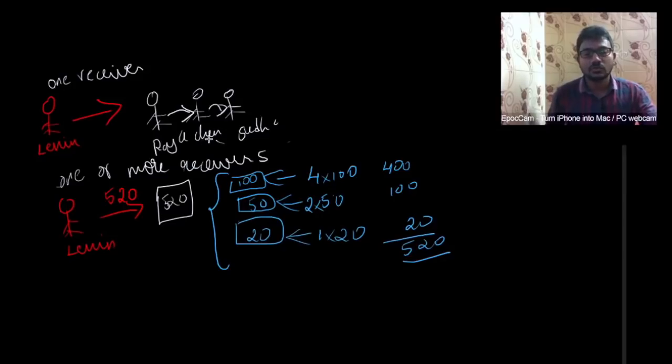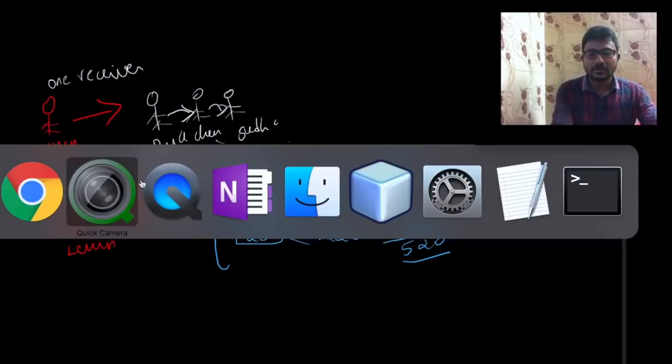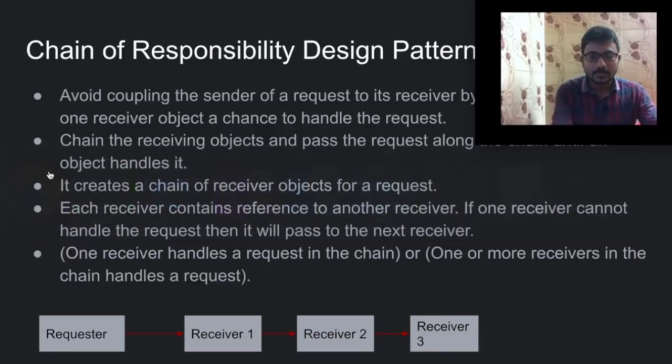If Chenchu doesn't know the answer, then he will forward that question to Sudha. Here the request has been forwarded to other receivers if the receiver has no idea how to reply to that request. So this is the example where one receiver handles a request in the chain.